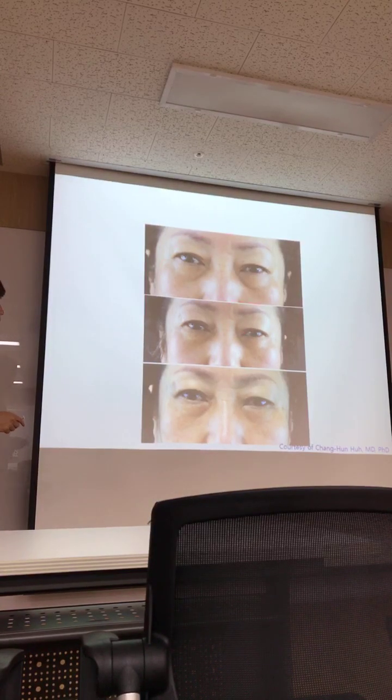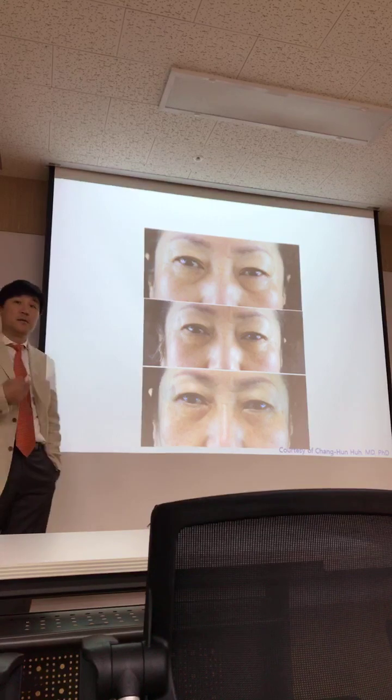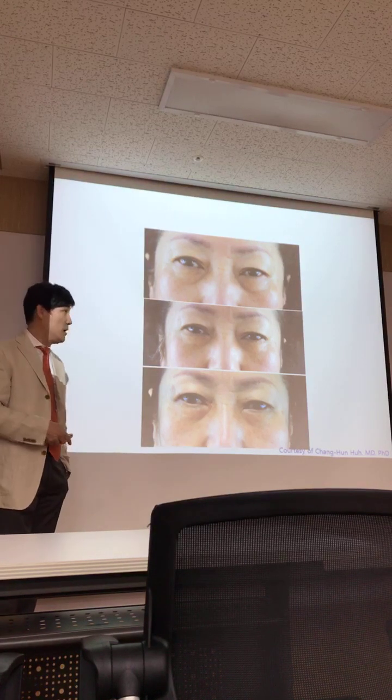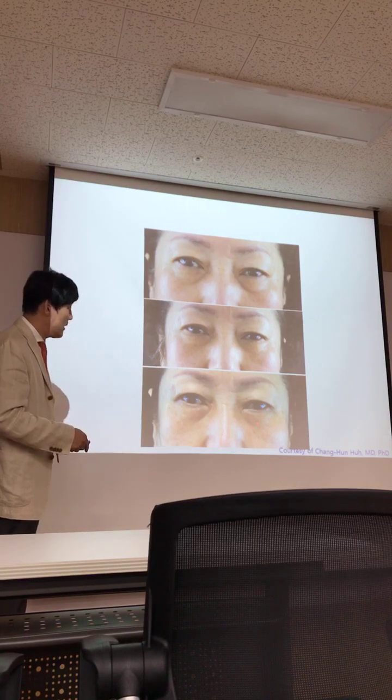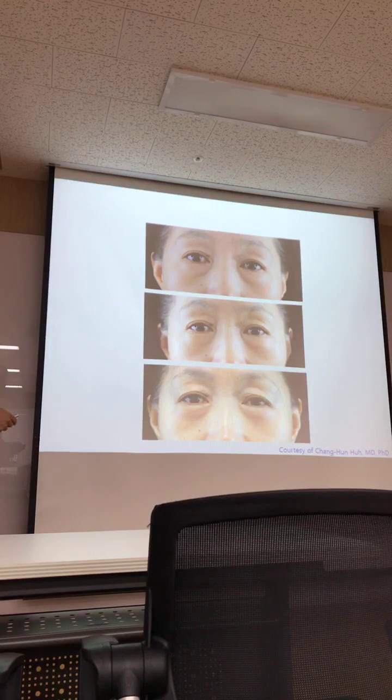Before, after 1 session, after 2 sessions. Somewhat the eye bag remains, but we reduce the volume very dramatically, and we achieved tightening of the wrinkle. Before, after 1 session, after 2 sessions.